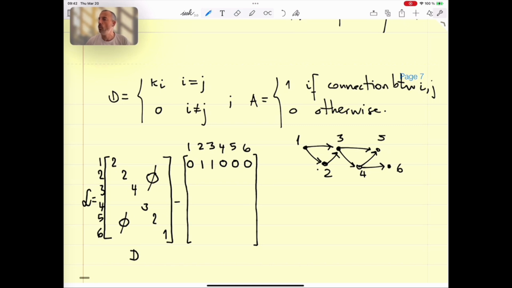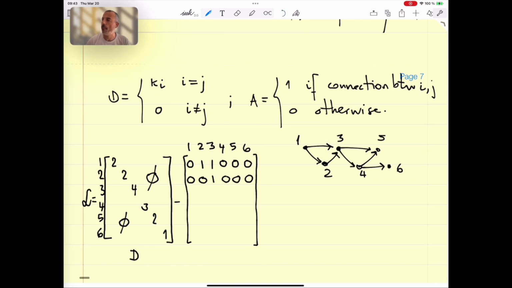Does 2 have a relationship to 1 in that direction? No. So we want to say this is a 0. Does 2 have a relationship to 3? Yes. Does 2 have a relationship to 4? No. 2 has a relationship to 5? No. 2 has a relationship to 6? No. All right? So does 3 have a relationship to 1 in this direction?